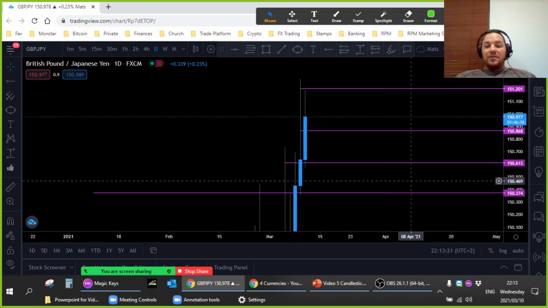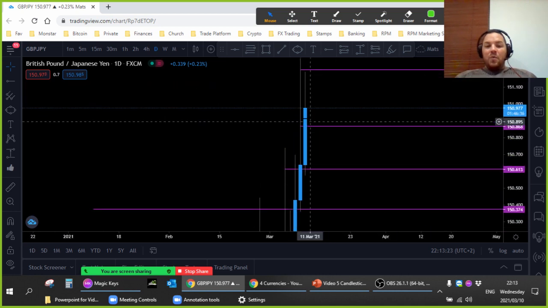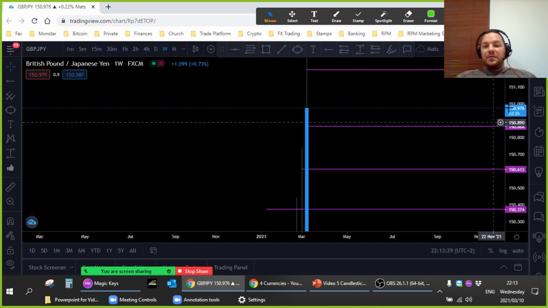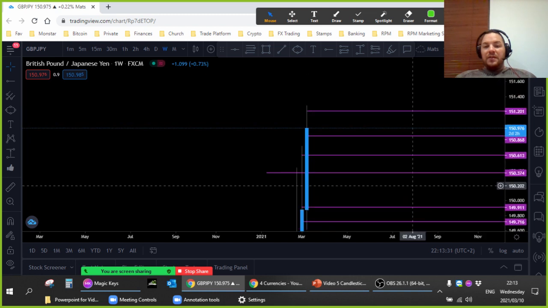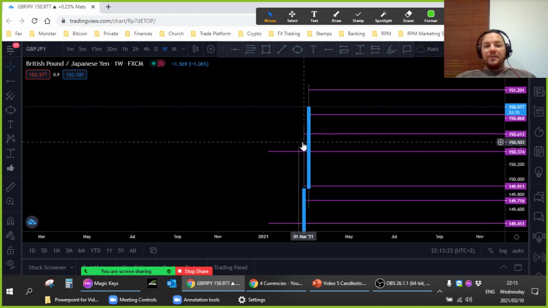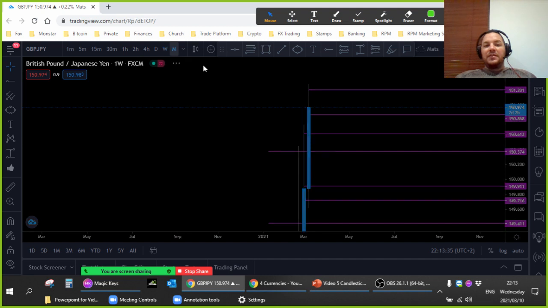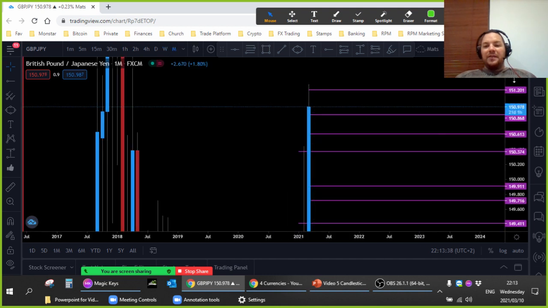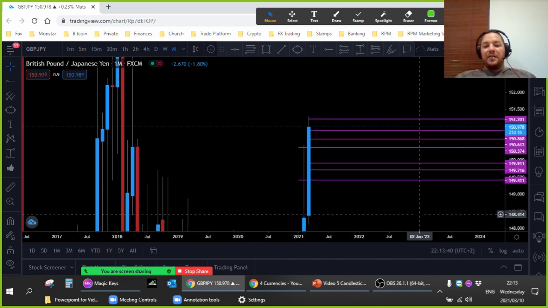Okay, so as you can see, one daily candle. Then this, if I shrink this down, is the weekly candle, and then you get the monthly candle, which will be very big.